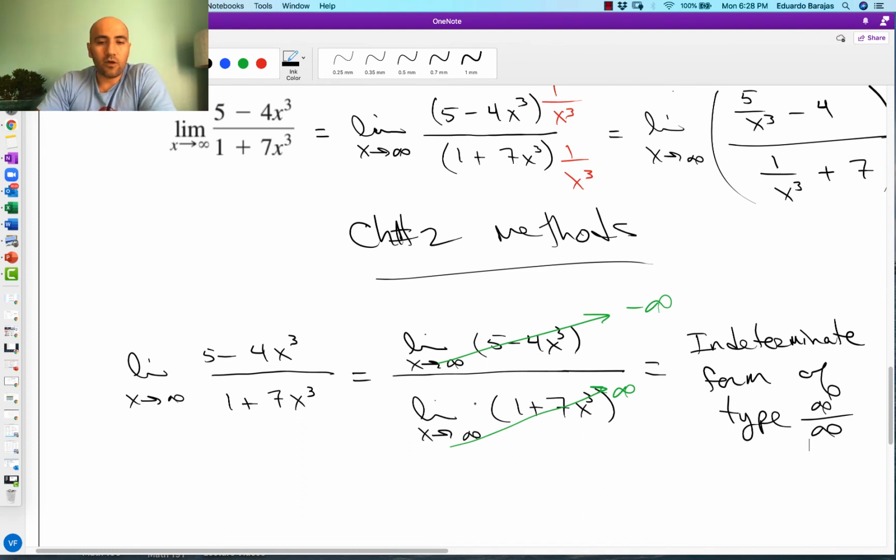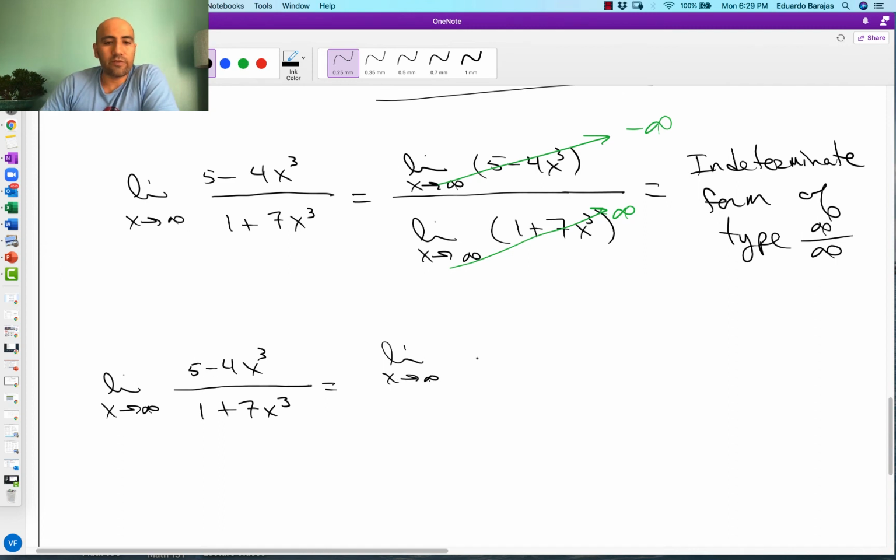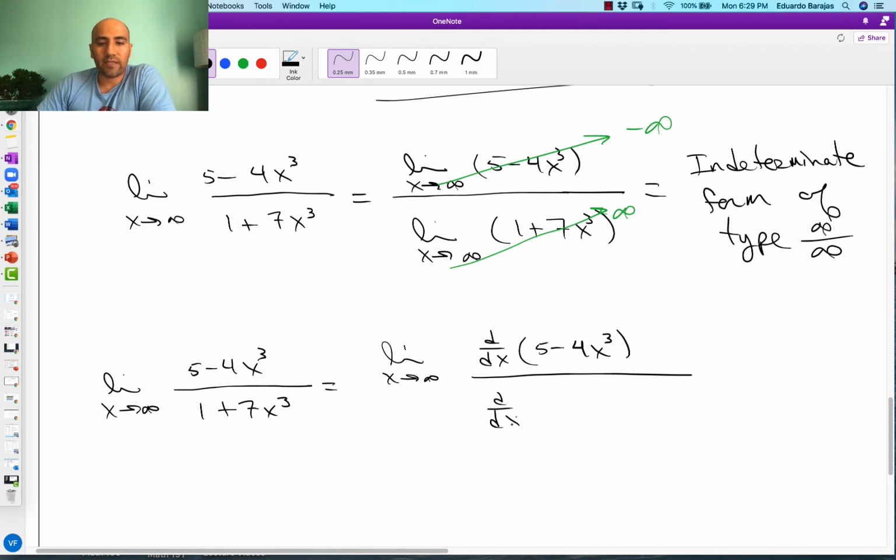So by L'Hopital's rule, we can say that the limit we are interested in, the limit as x approaches infinity of (5 minus 4x to the third power) over (1 plus 7x cubed), is equal to the limit as x approaches infinity of the derivative with respect to x of the numerator, 5 minus 4x cubed, divided by the derivative with respect to x of 1 plus 7x cubed.